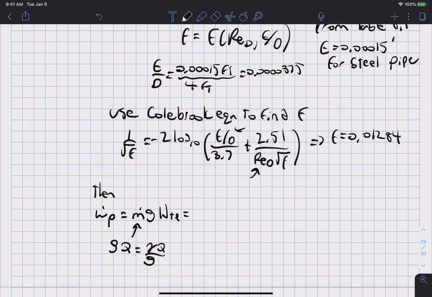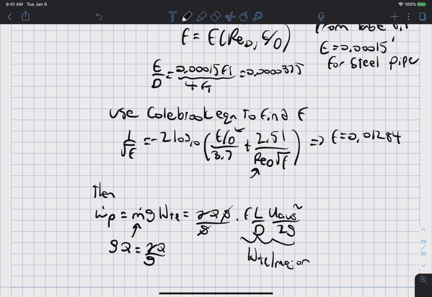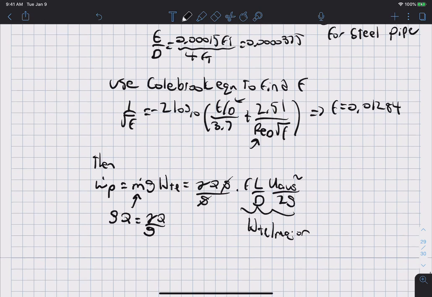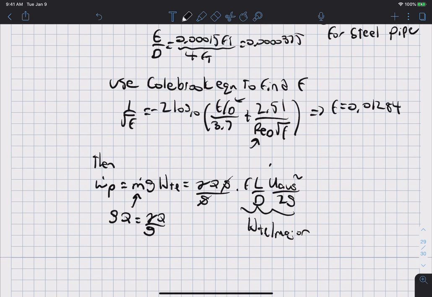Okay, so this equals gamma Q g over g, those cancel out, times f L over D times U averaged squared over 2g. Okay, and so this is the major head loss for this case.